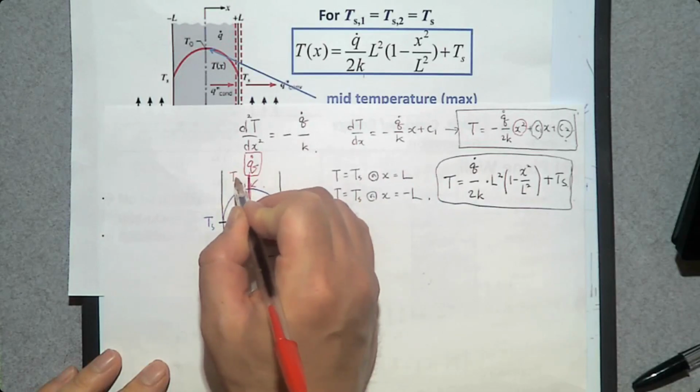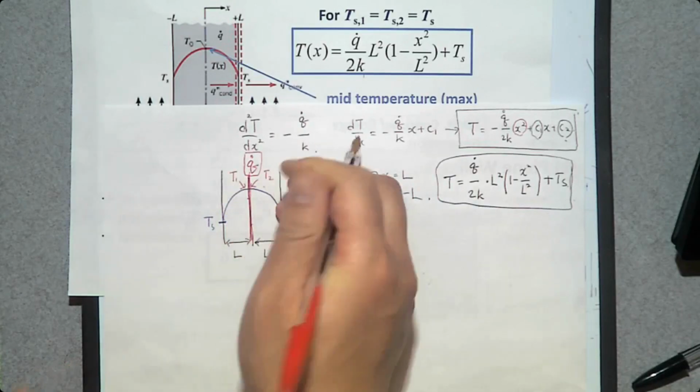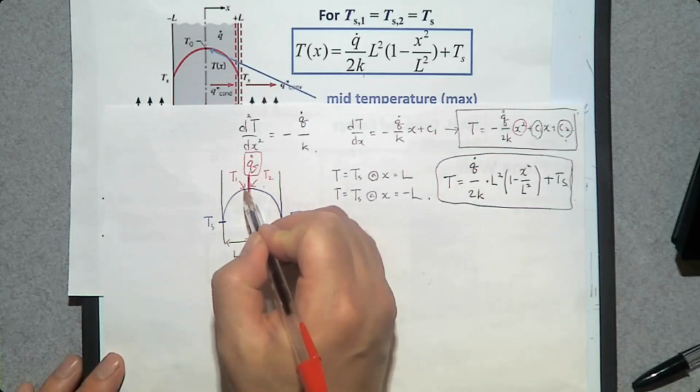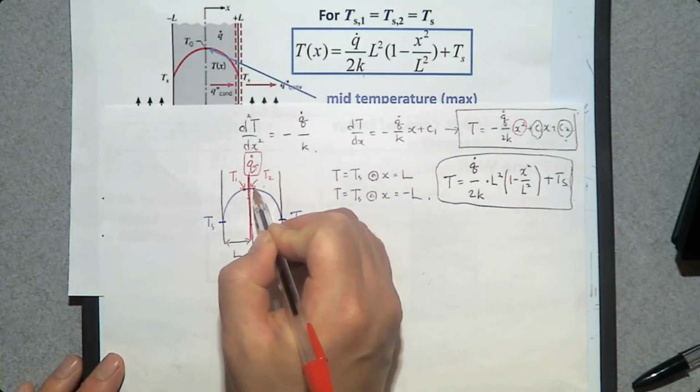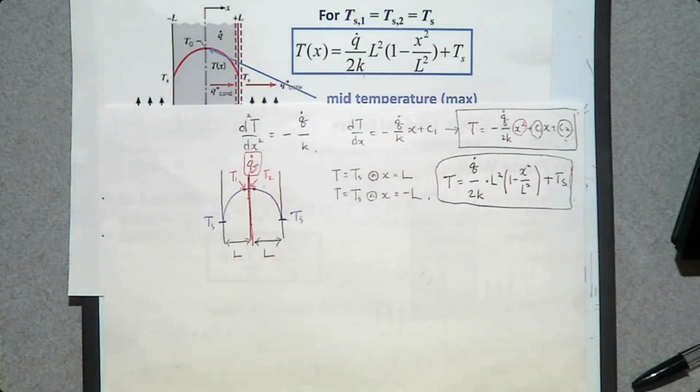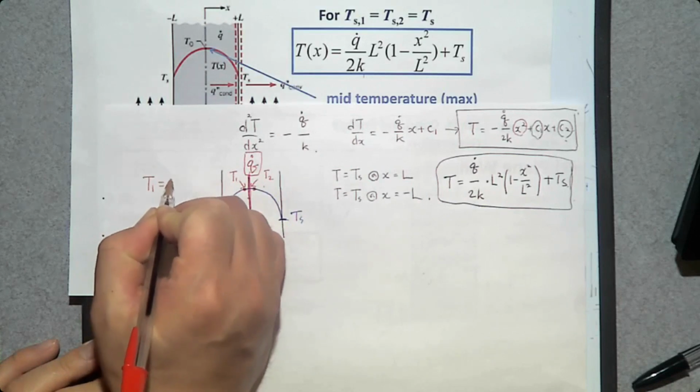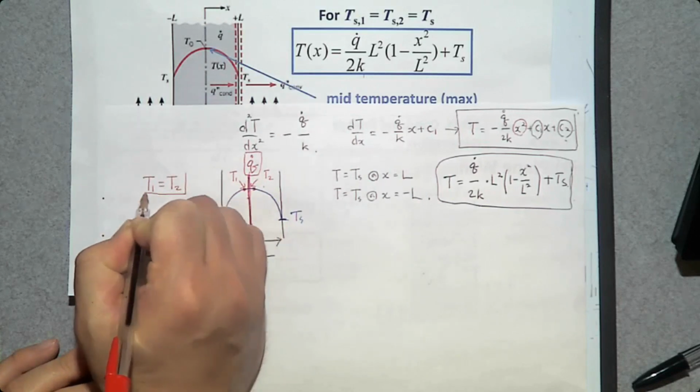Let's say this one is T1, this one is T2. Then, because of this symmetric boundary condition, we can say T1 is the same as T2, right?